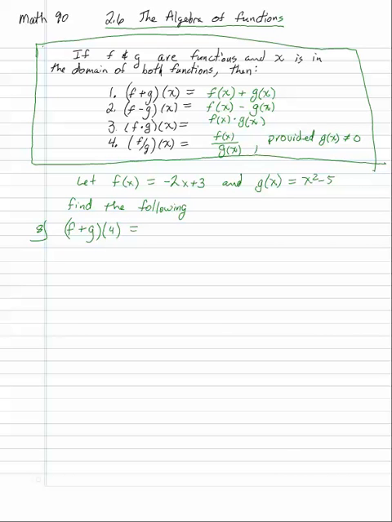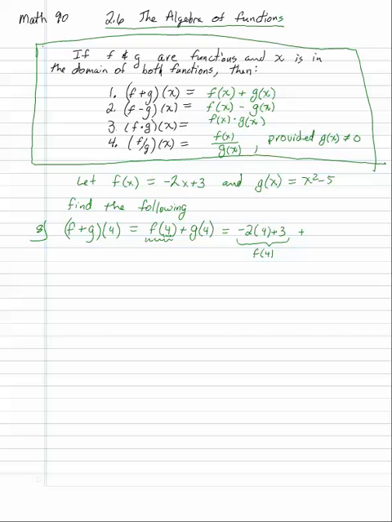Well, applying the definition for adding two functions, you're just going to go f of 4 plus g of 4. We plug in 4 for the x value in the f function, so f of 4 is equal to negative 2 times 4 plus 3.